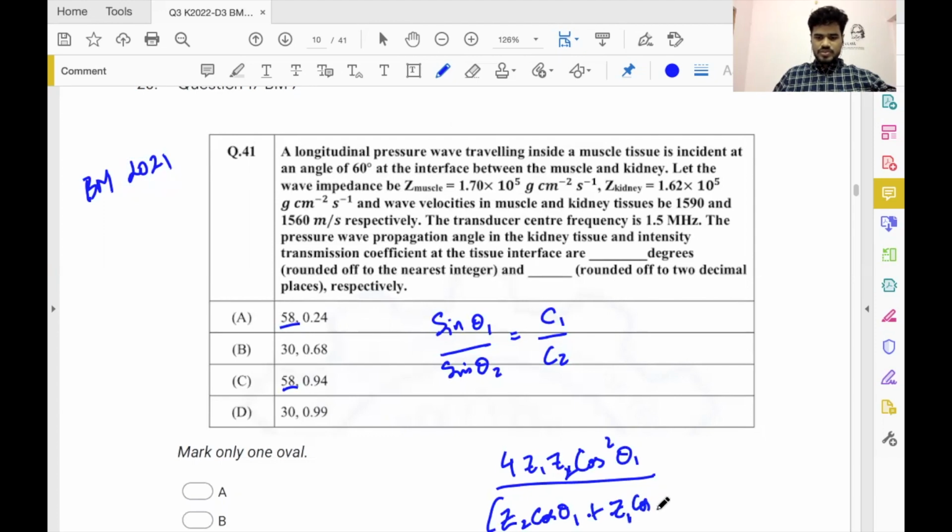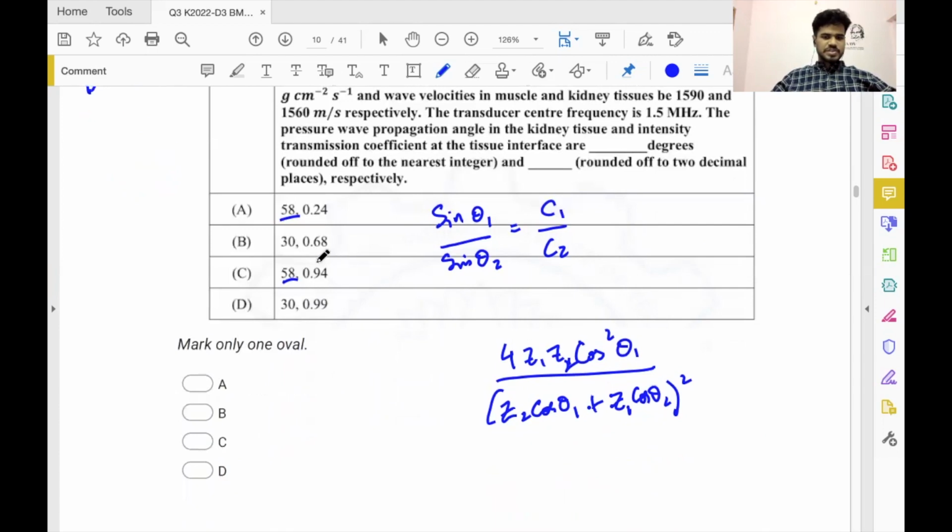So these two things are interchanged, right? Yes, there is this interchange. Why that happens? Of course, we have seen the derivation. So that should give us 0.94.